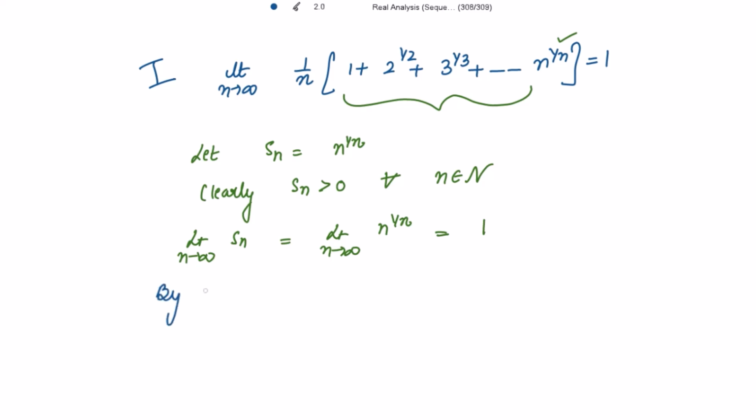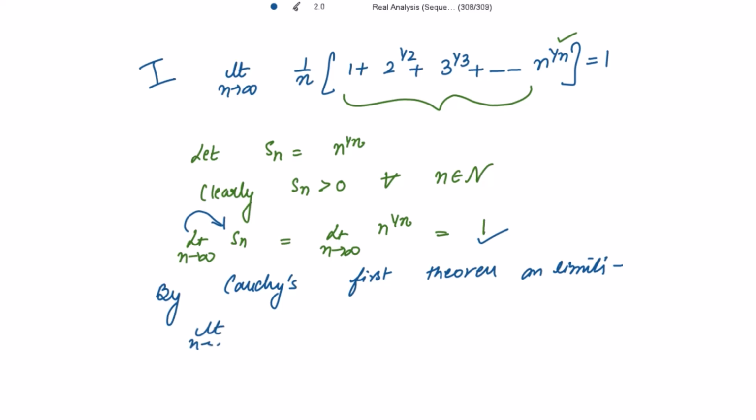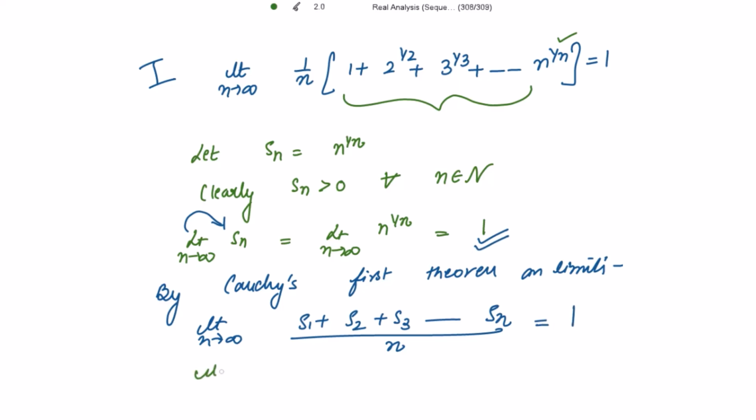So by Cauchy's first theorem on limits, because the limit of the nth term comes out to be equal to 1, the limit as n tends to infinity of the sum of the terms divided by the number of terms should also be equal to this limit, that is 1. Which means, what is S1?